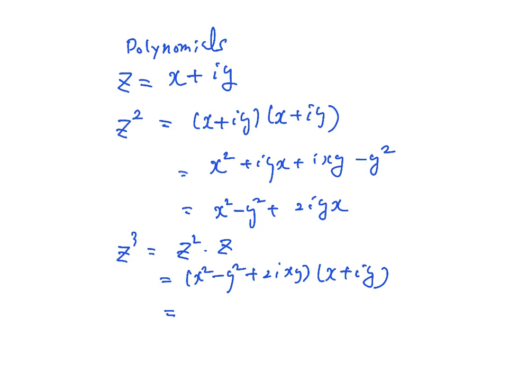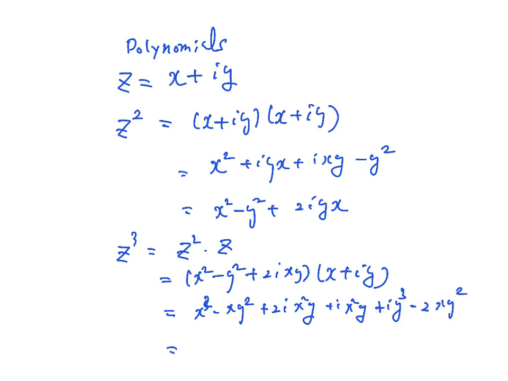So x cubed minus xy squared plus 2i x squared y, plus i x squared y, minus i y cubed, plus i cubed minus 2xy squared.